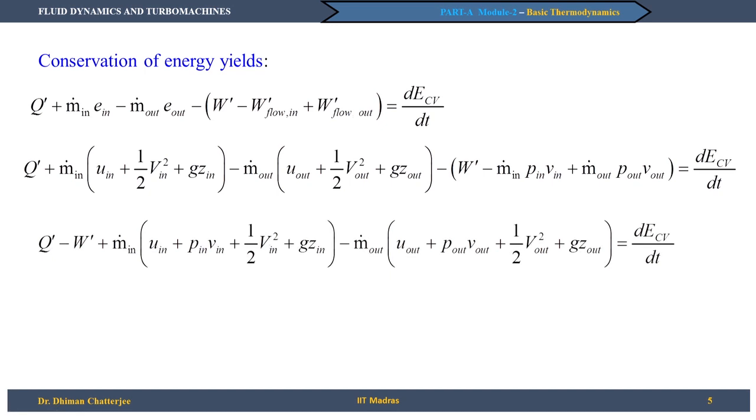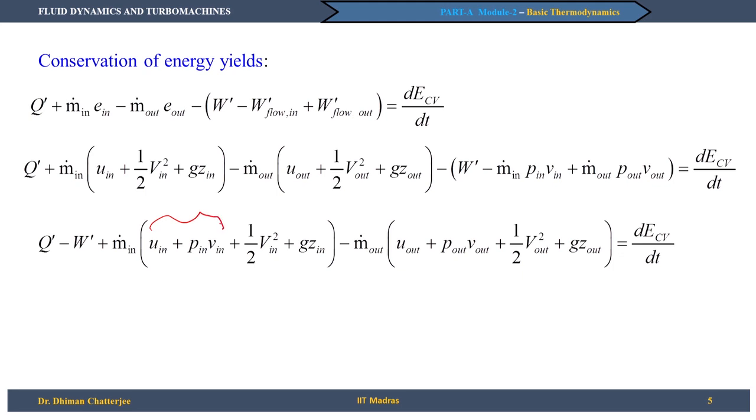We get Q prime minus W prime plus m dot in, within bracket, U in plus P in V in plus half V in square plus Gz in, minus the corresponding terms for the flow out, m dot out (U out plus P out V out plus half V out square plus Gz out), equal to dECV dt.